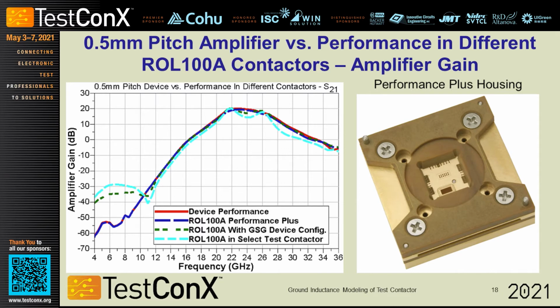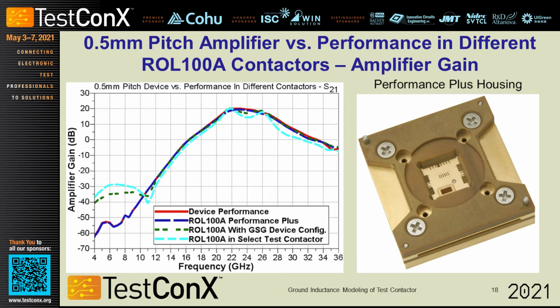In the data on the left-hand side, you can see that the device performance is in red, and with a Roll 100A and a select test contactor, which is basically minimal grounding, you can see that at the low frequency end, there's some increased noise.